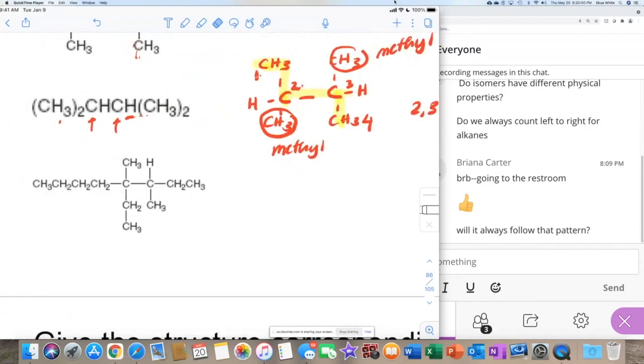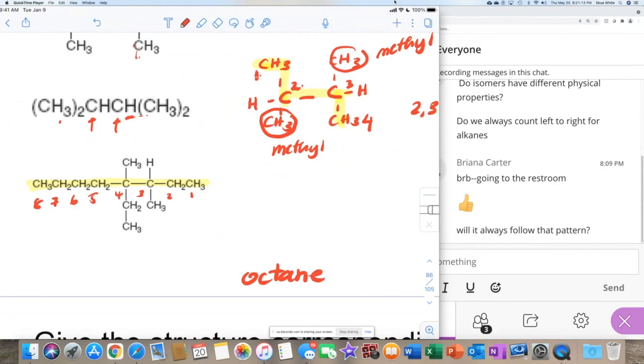Okay, so this one here is a lot easier to tell, I think, that you get to the side chain by going from the right. So 1, 2, 3, 4, 5, 6, 7, 8. I think that's my longest chain, with 8 carbons. So I'm going to write the name here, octane. 8 carbons.